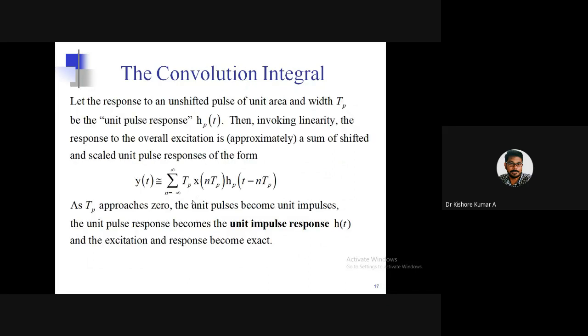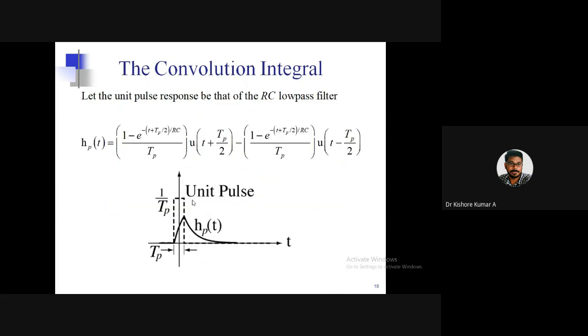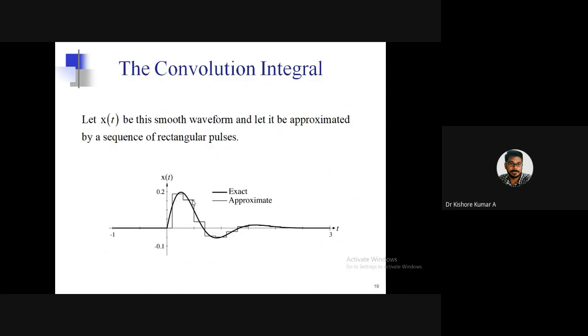The same thing is mentioned here. For the unit impulse response, the excitation and the response become the exact value. This is the representation of the unit pulse, for the unit pulse response of a particular RC low pass filter. Here x of t is a smooth waveform, and let it be approximated by a sequence of rectangular pulses.